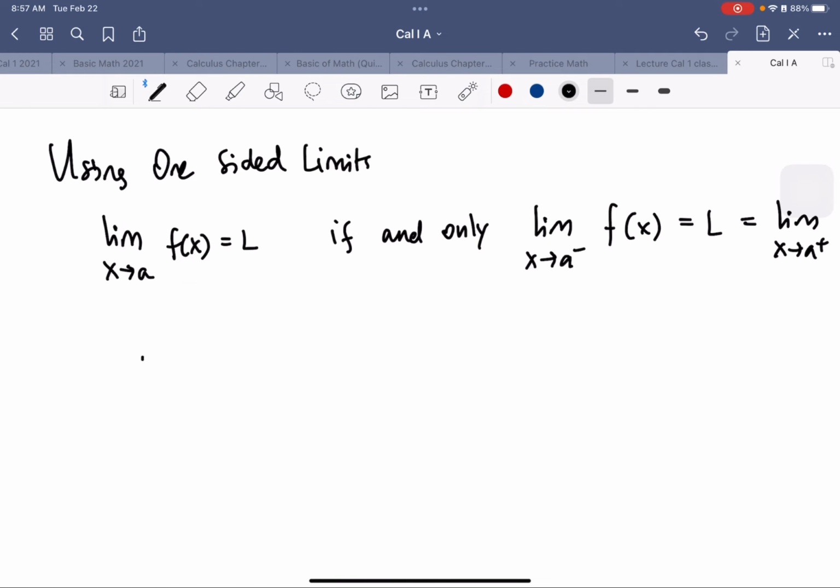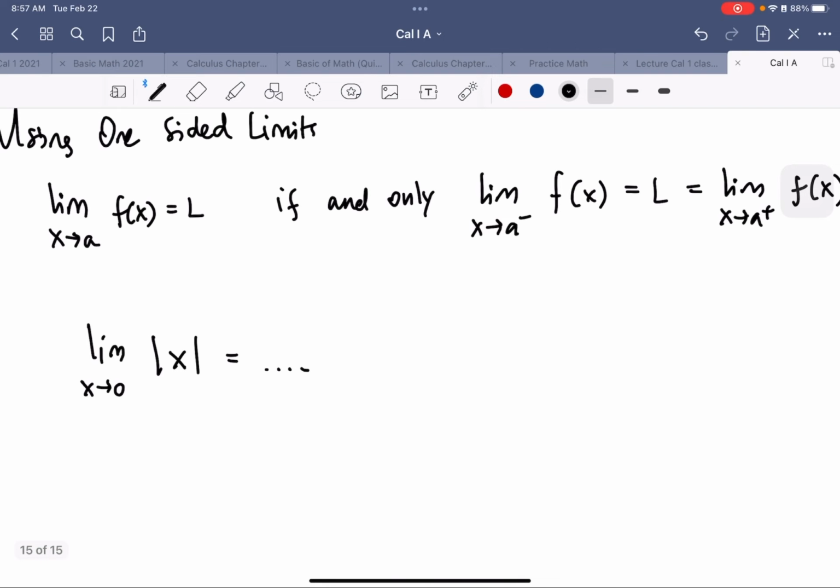For example, we can look at the absolute value of x. We can write the absolute value of x as a piecewise defined function composed of x and minus x. This is x if x is positive, and minus x if x is negative.